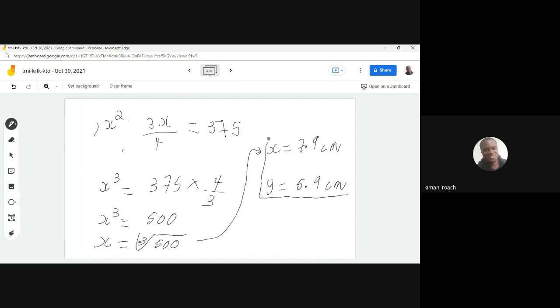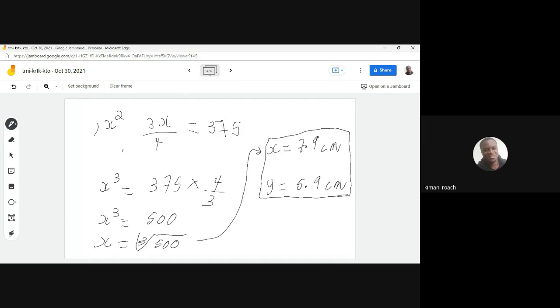And here we have the value for our dimensions, the length and the width being the same here because we have a square base, and the height being 5.9 centimeters. And these are the dimensions that we're working with.